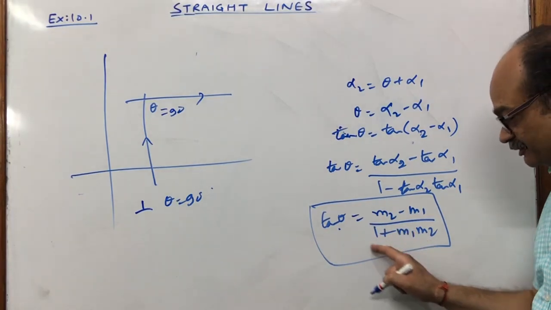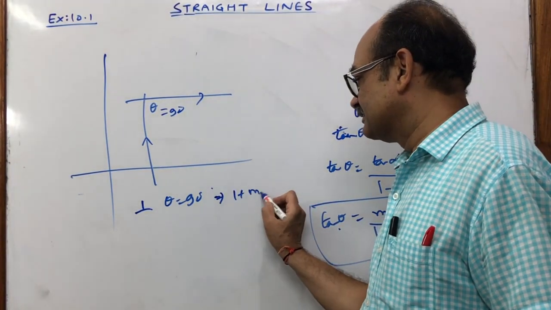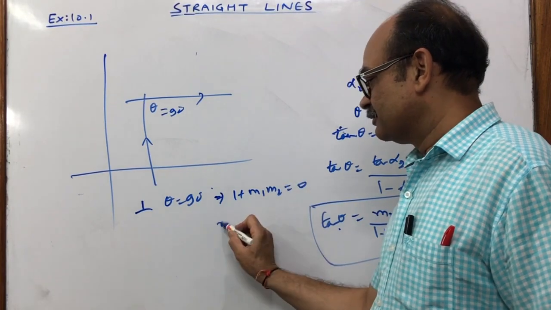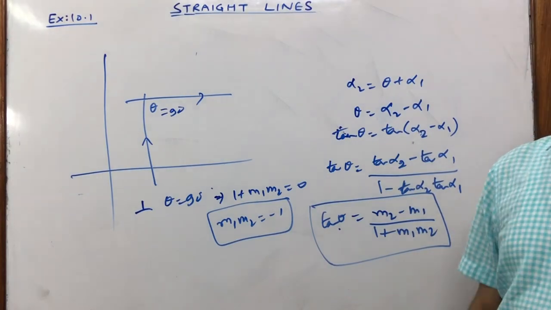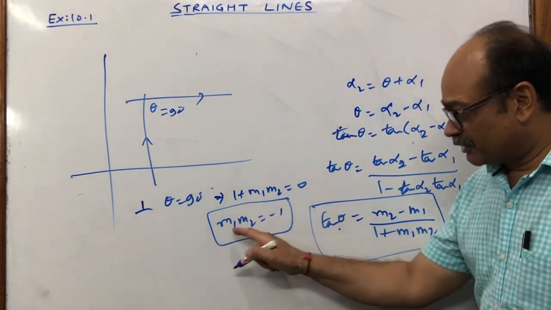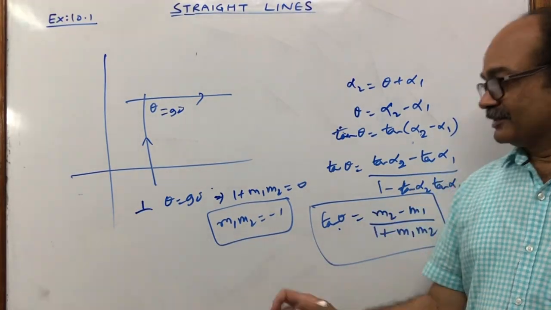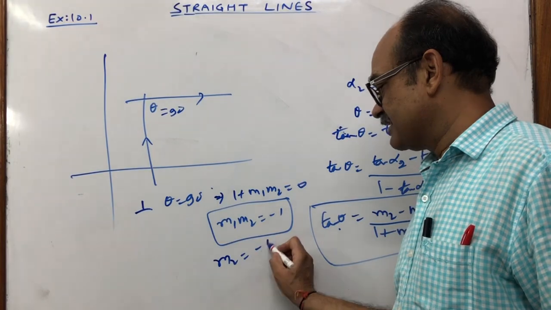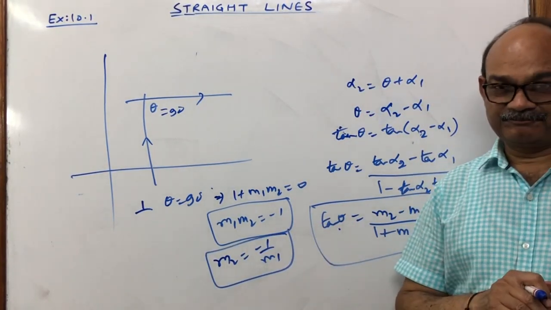Not defined means the denominator equals 0. Hence 1 plus m1 m2 equals 0, so m1 into m2 equals minus 1. Again, the most important derivation: if two lines are perpendicular, then the product of their slopes equals minus 1, or the second slope is the negative reciprocal of the first one.